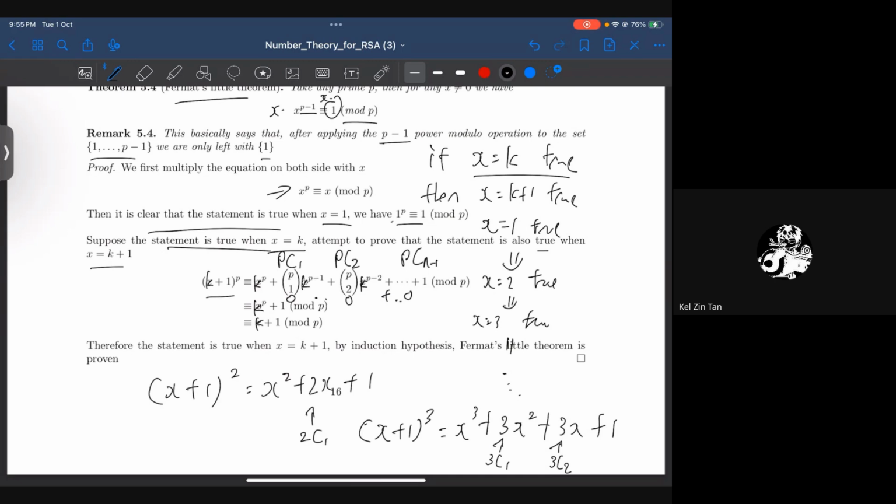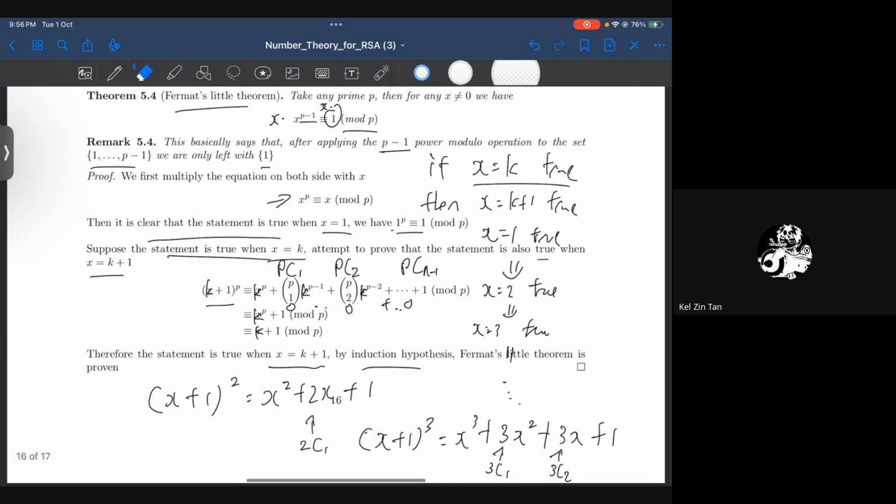So k to the power of p, by the inductive hypothesis, will be equal to k. So k plus 1 to the power of p will be equal to k plus 1. Therefore, the statement is true when x is equal to k plus 1, and by induction, Fermat's Little theorem is true. So we have that this is always true.